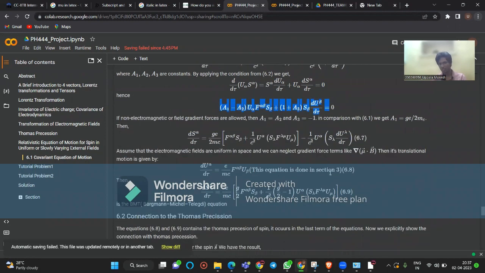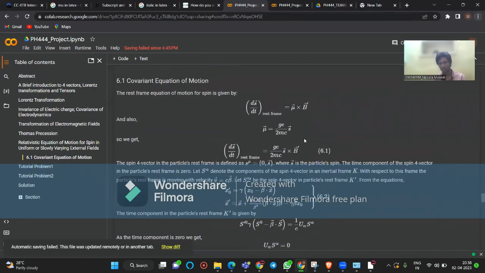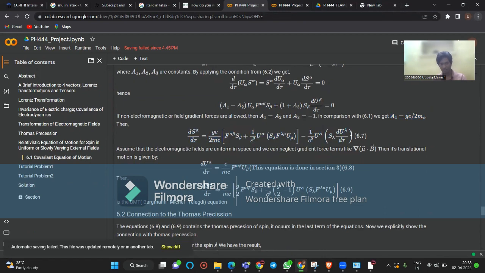This is just a mathematical calculation, and we say that it should be 0, so that a1 equals a2 and a3 should be minus 1. And in comparison with the equation of this, we are getting the component a1 equal to g by 2mc, and we are finally writing ds alpha by d tau here.